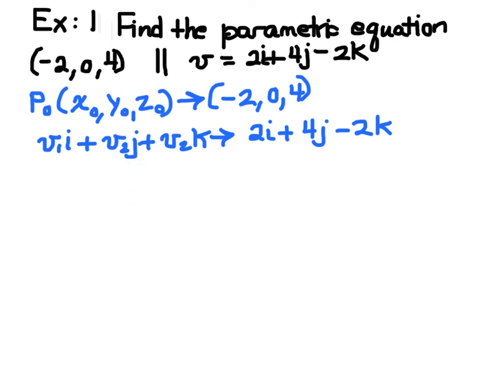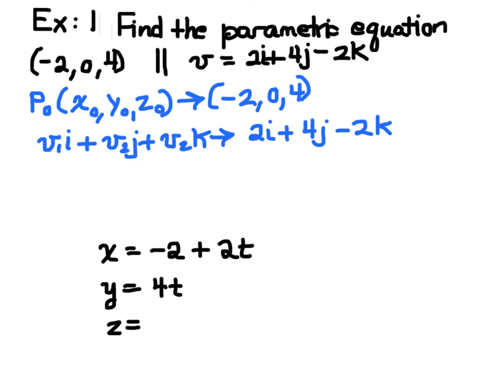So we're going to use this to find our answer. We get x is equal to our x naught, which is negative 2, plus v sub 1, which is 2, times t, and then we have y is equal to 0 plus 4t, and then z is equal to 4, which is z sub 0, minus 2t.